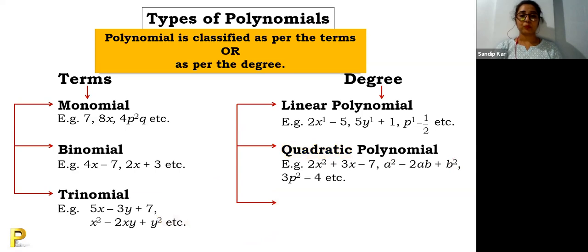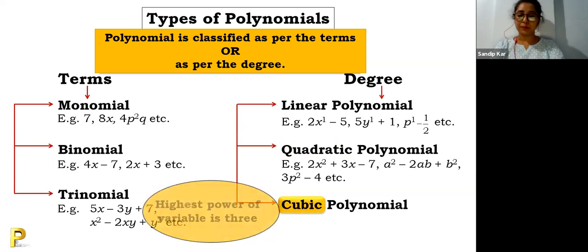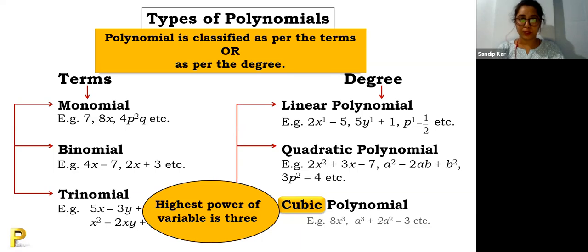Let's look at the next and last type of polynomial according to the degree, that is the cubic polynomial. Now, what does that mean? The highest power of the variable is 3. If we have a polynomial in which the highest power is 3, that polynomial is considered to be a cubic polynomial.